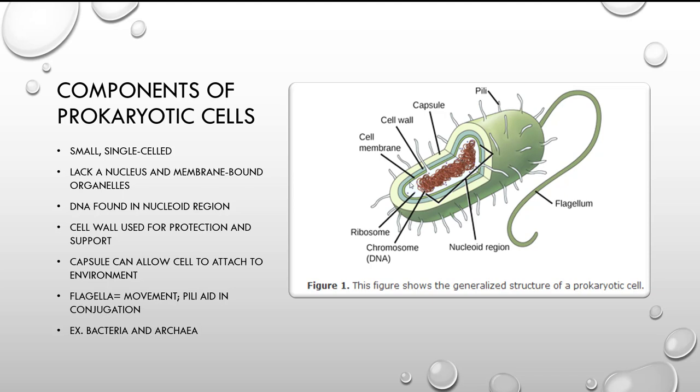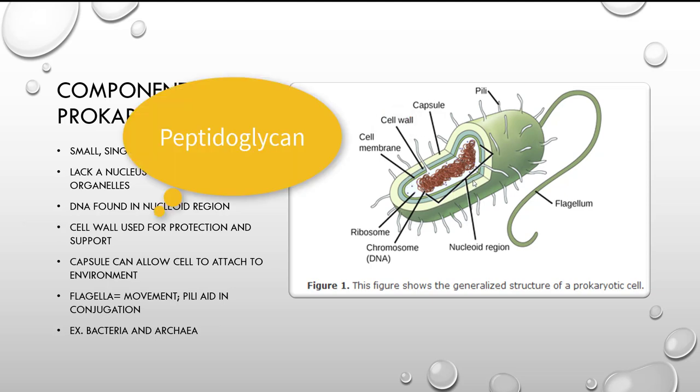We have a plasma membrane, or a cell membrane, same thing. That separates the inside of the cell from the outside. But our prokaryotic cells have an extra layer of protection, called the cell wall. The cell wall for bacterial cells consists of something called peptidoglycan, and that adds a layer of protection for them.